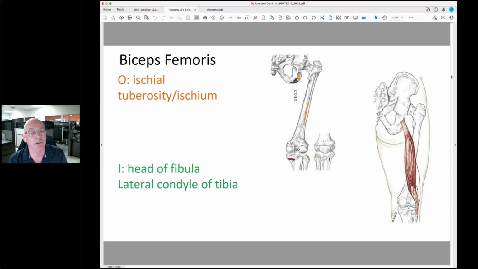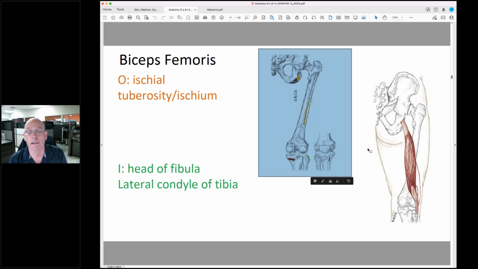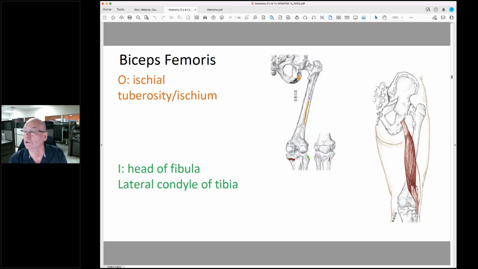Anyway, the insertion is the head of the fibula, and I should get my drawing tool out and illustrate that. Technical difficulties.